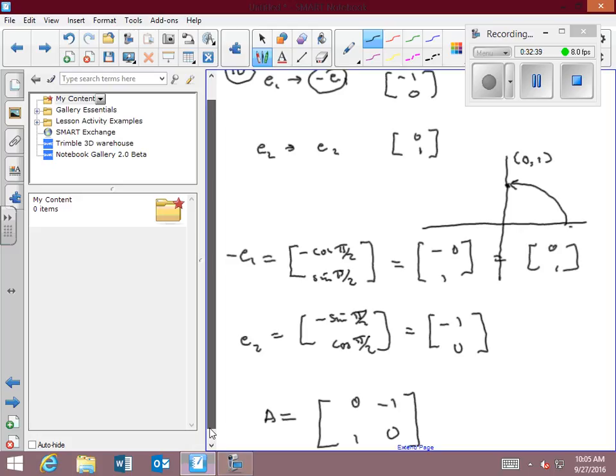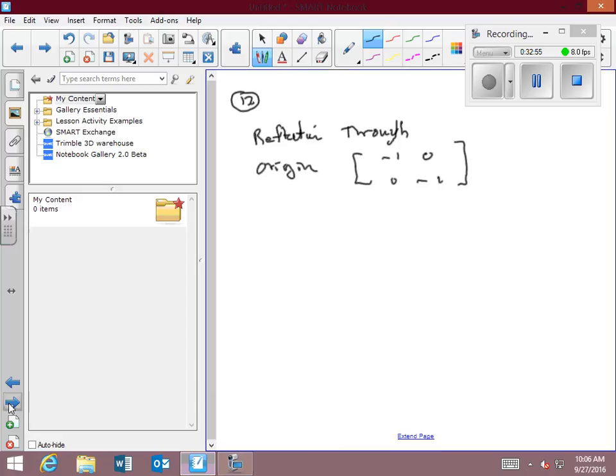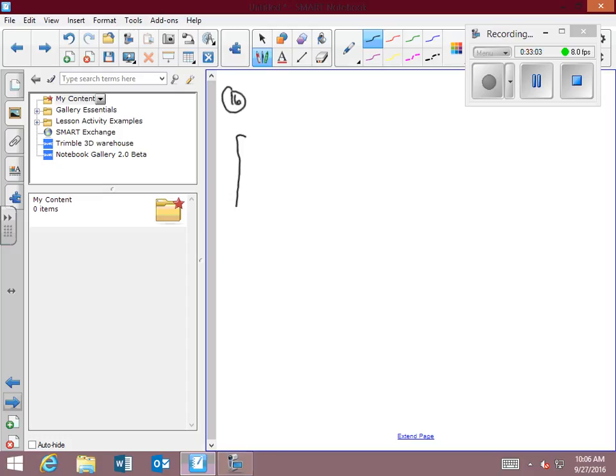And let's say 16 says fill in the missing entries of the matrix assuming that the equation holds for all values of the variable. So they're saying, what does this matrix look like?